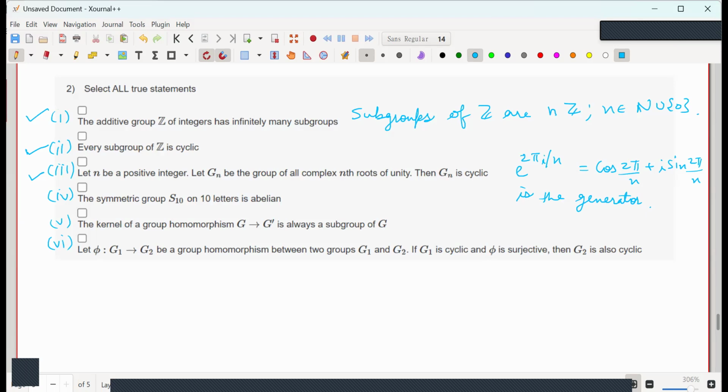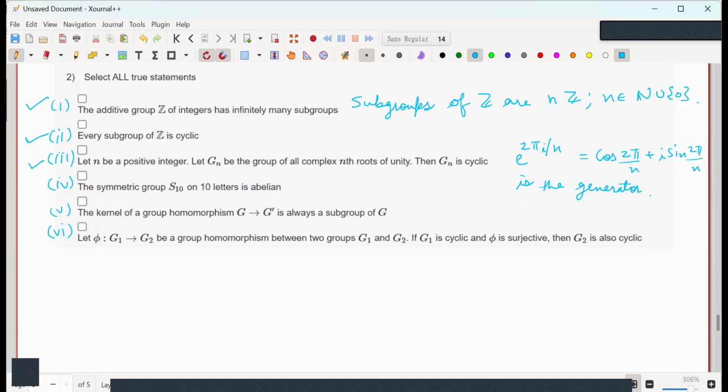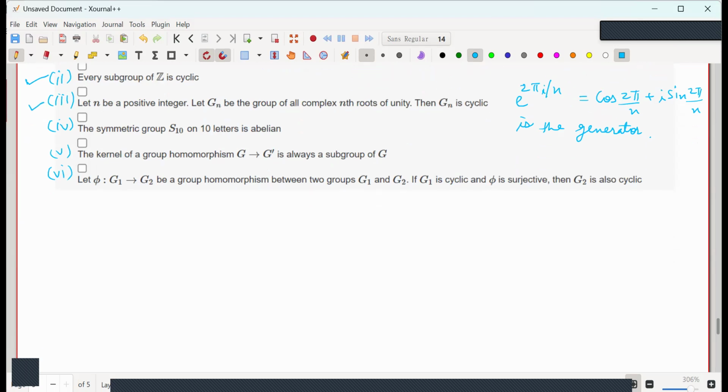Okay. Next one. The symmetric group S10 on 10 letters is abelian or not? No, sir. Why? The question says on 10 letters, though S10 anyway has 10 only. So it just defines the notation S10, that's it. The question can be: the symmetric group S10 is abelian.